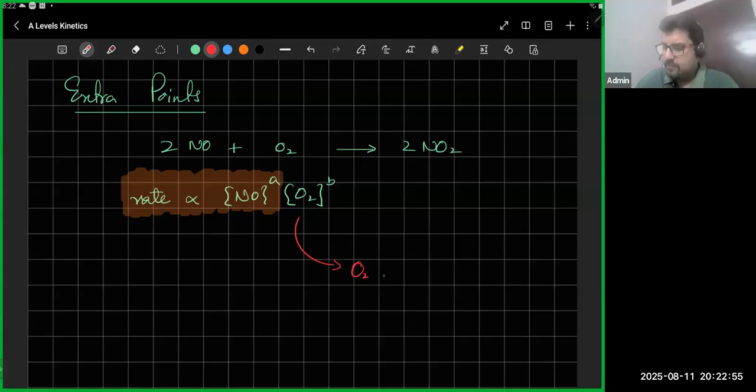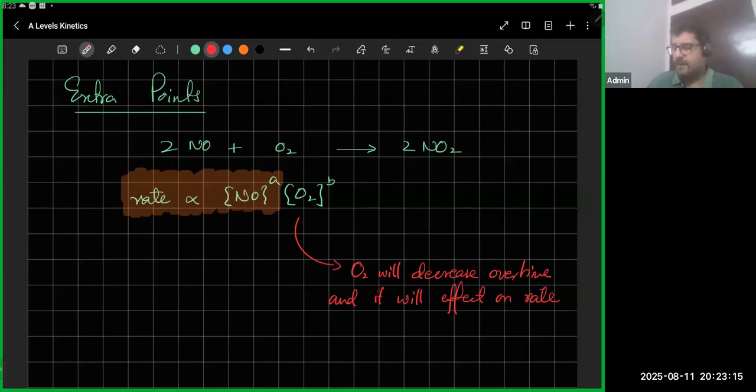So O2 concentration will decrease over time, and it will have some effect on rate. So I don't want O2 to interfere. So how do we prevent that?